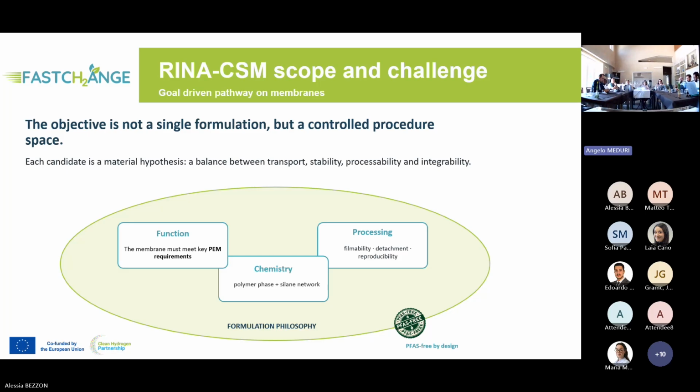The building blocks of the process are about meeting the requirements for the membranes: the integration of a silane network into a polymeric phase, and also improving the filmability, the detachability, and the reproducibility of the membranes themselves.